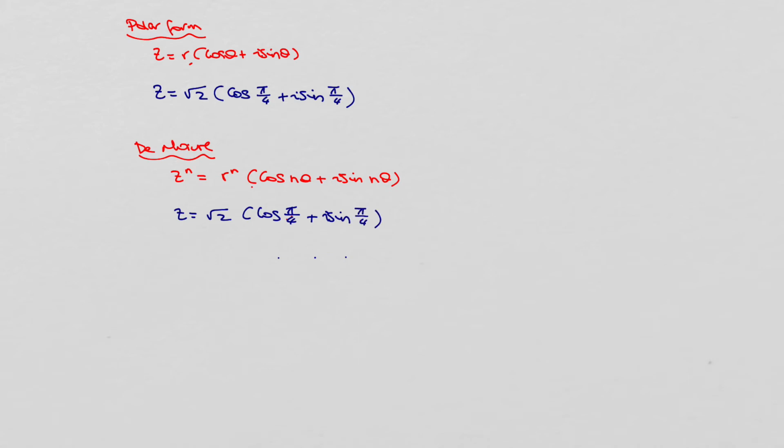And we wanted to raise it to the power of 8. So that means I'm taking all of that and multiplying it by itself 8 times. So by using de Moivre, we're saying root 2 raised to the power of 8 and multiply pi over 4 by 8.